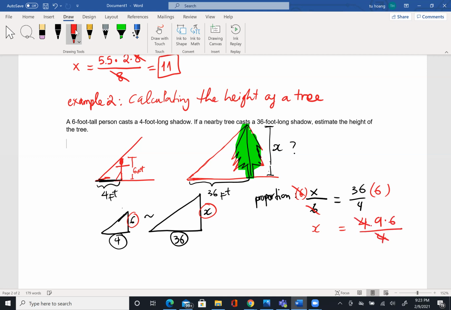I can rewrite 36 as 4 times 9. So this 4 is gone, and then x will be equal to 9 times 6, which is 54. Okay, so the height of the tree is 54 feet. So you don't have to climb the tree to measure how high it is, right?